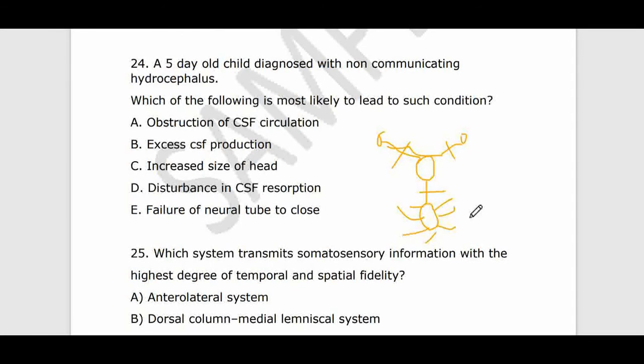That is a communicating hydrocephalus. So that is something to note. And then if CSF overproduction is happening, that is also a communicating hydrocephalus.